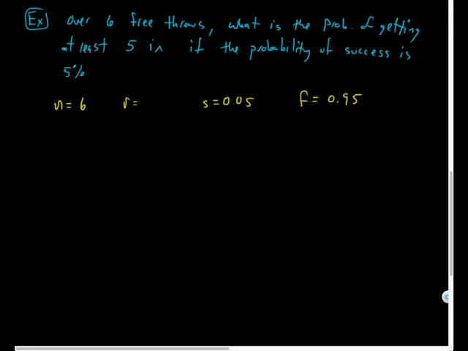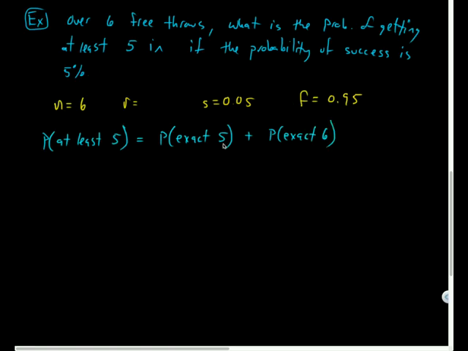So to answer this, probability of at least 5, or sorry, yeah, so I think this is going to be unlikely, is going to equal the probability of exactly 5 plus the probability of exactly 6 in, right?